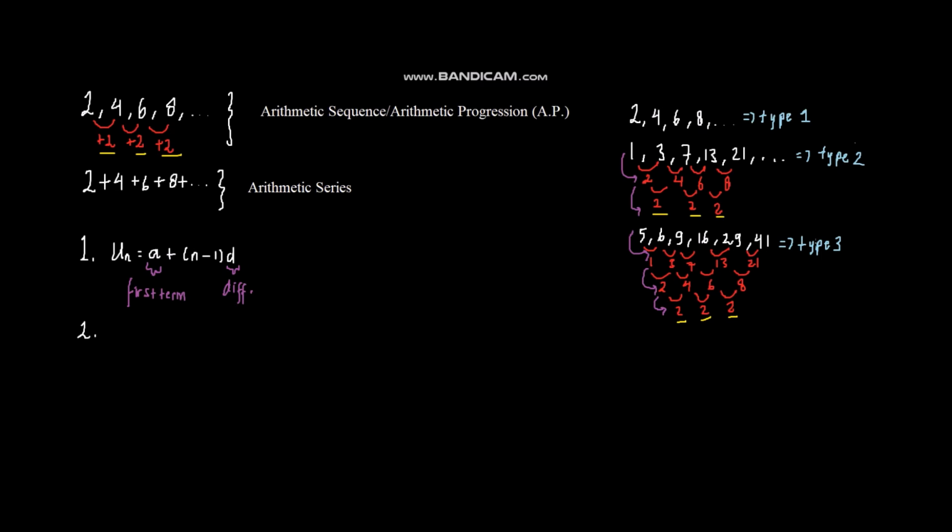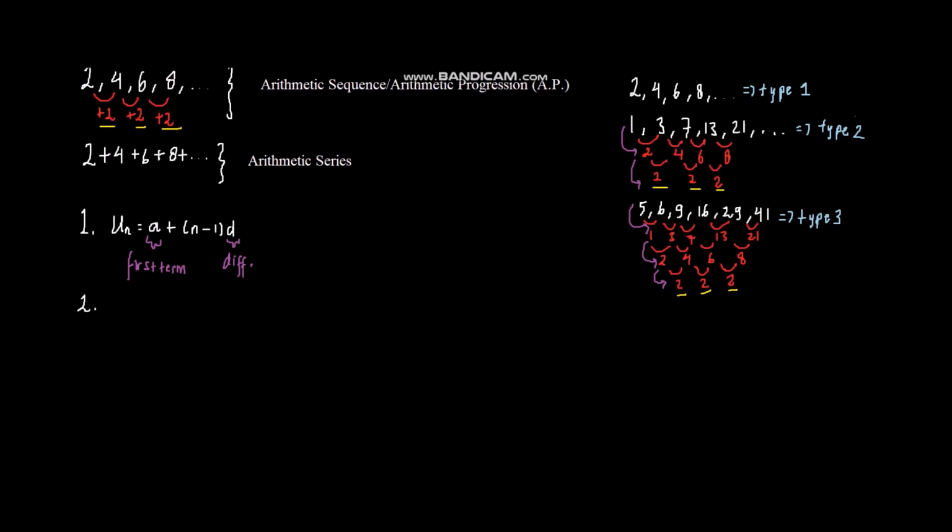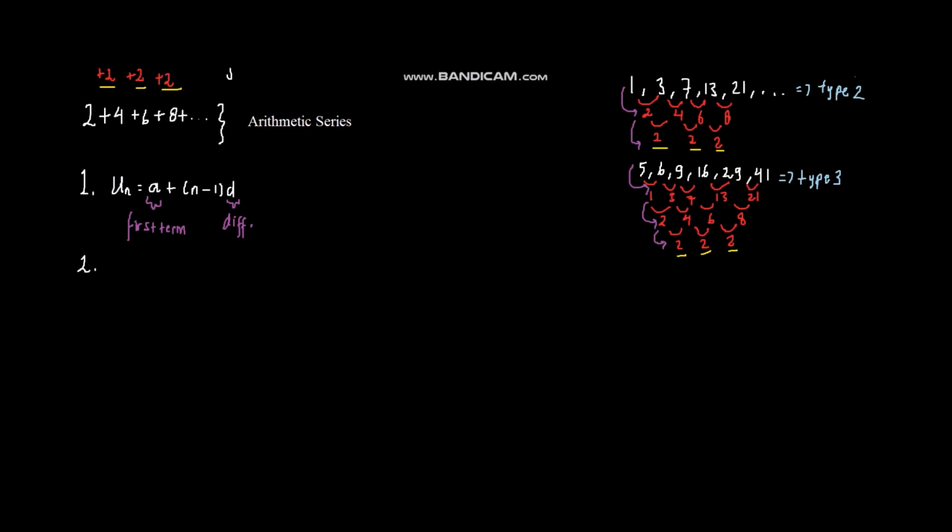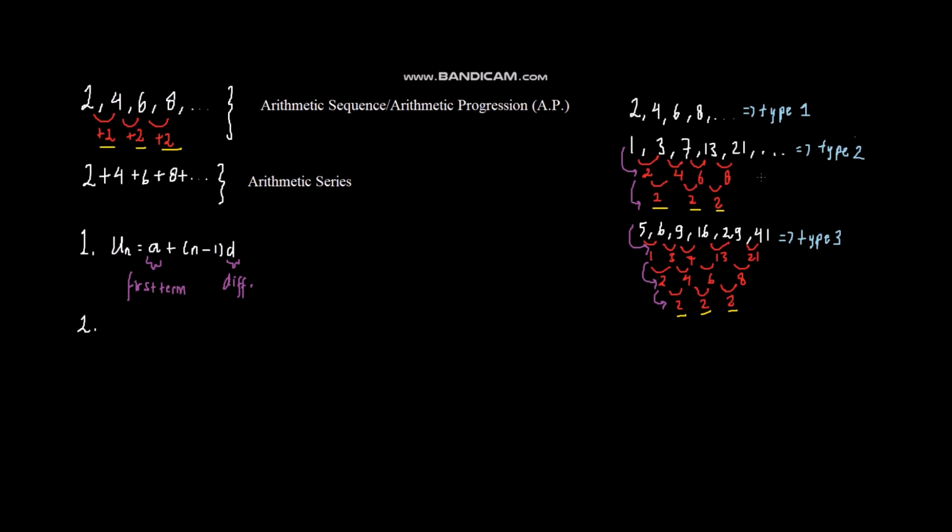I would like to tell you that we're interested in type 2 and type 3 because these two types are, I would say, a little bit more advanced than type 1. Type 1 is pretty straightforward because we already know this formula. Type 2 and type 3 formulas are very similar. Honestly, it can go on to type 4, type 5.